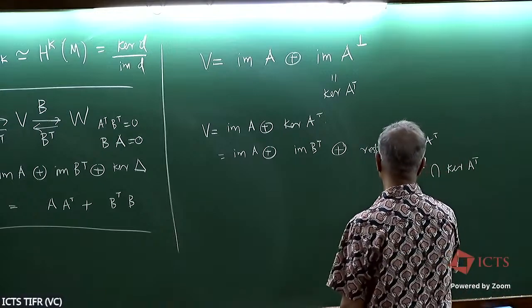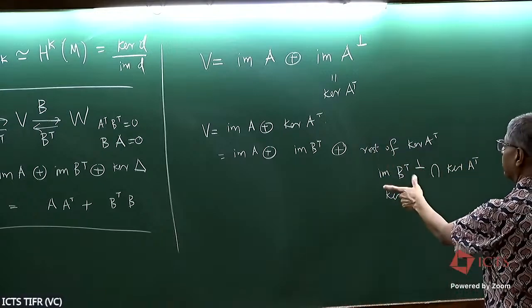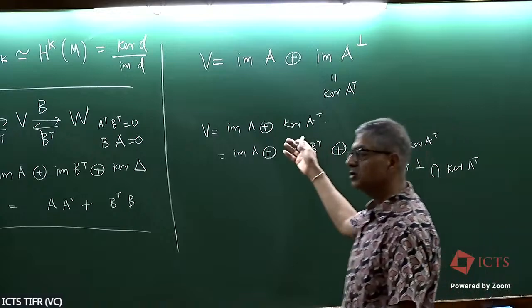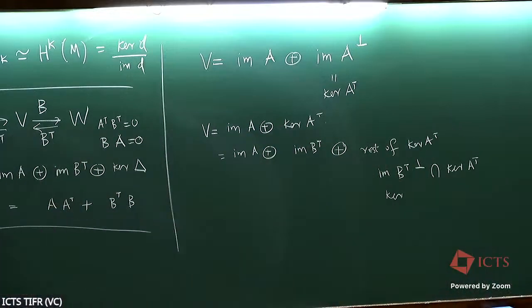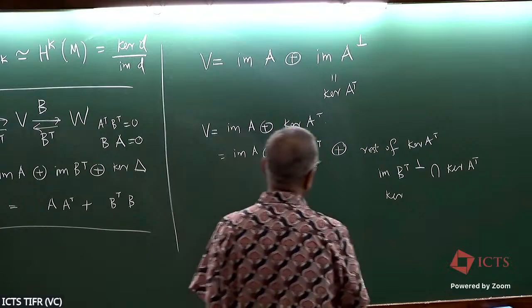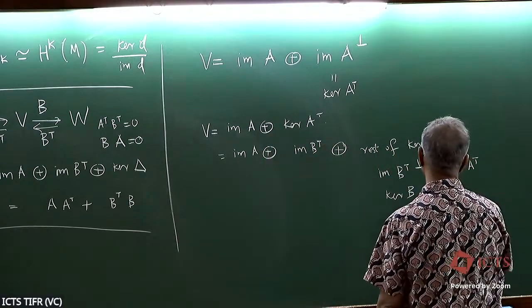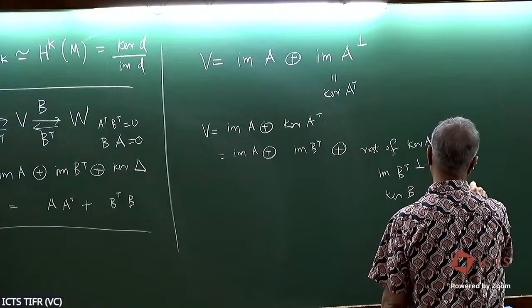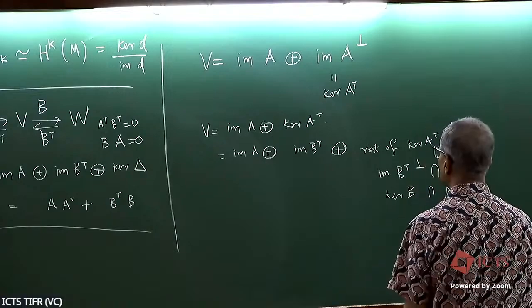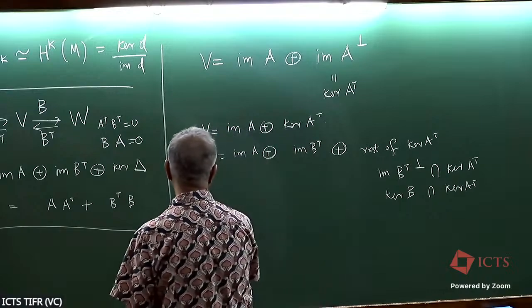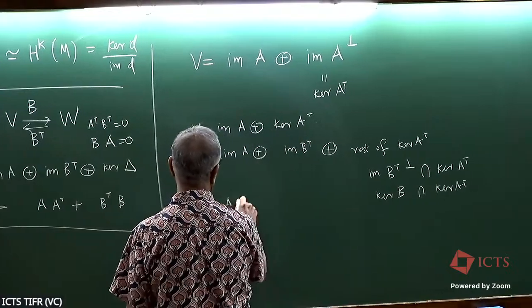I'm used to saying kernel and image. If you are used to, you can just think kernel is null space, image is column space. So we have kernel of B intersect kernel of A transpose. So therefore I can decompose V into this orthogonal decomposition.